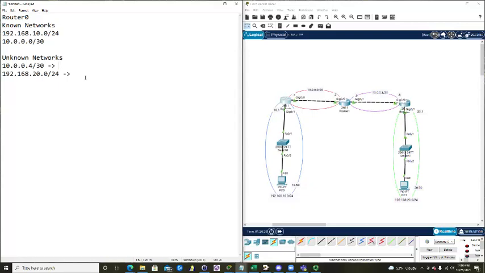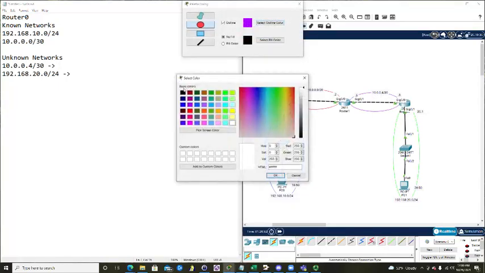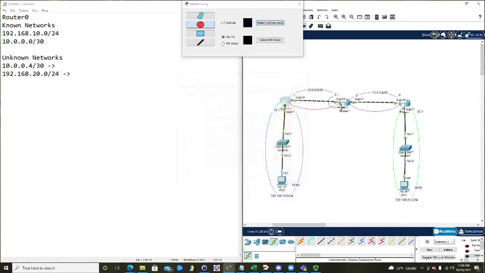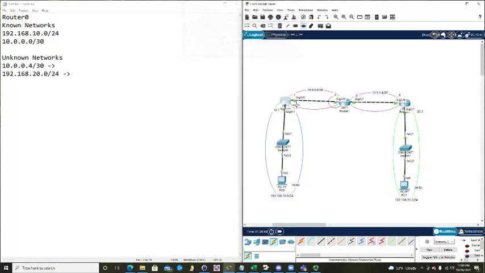So if I'm router 0 and I'm telling this left-hand router, hey, 10.0.0.4/30 exists, and if you want to get there, you're going to hand it off to your next router down the line.